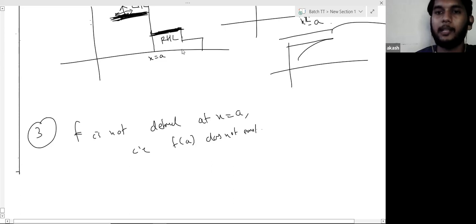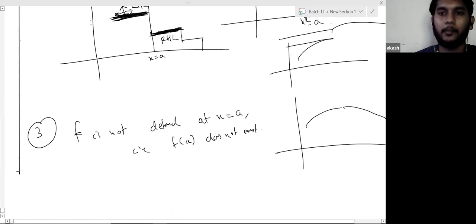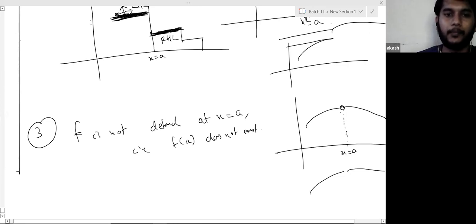So here the limit exists, but the function is not there at x equals a. So how would you draw this graph? Because at x equals a, the graph is not present, the function is not defined, right?